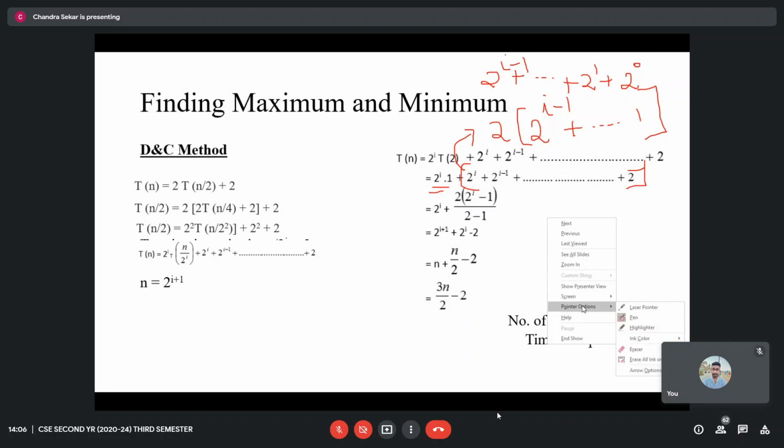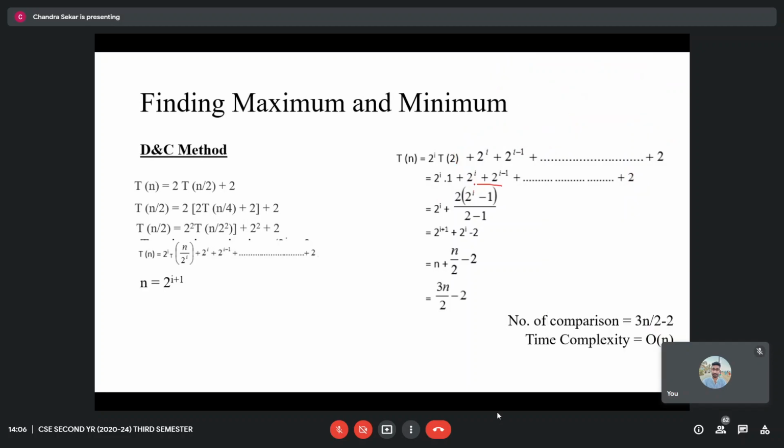So this can be reduced into this formula. Actually there is a proof for this formula, but we can reduce 2 power 0 to 2 power I minus 1 to 2 power I minus 1 divided by 2 minus 1.